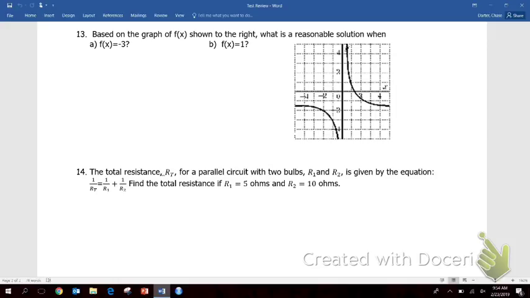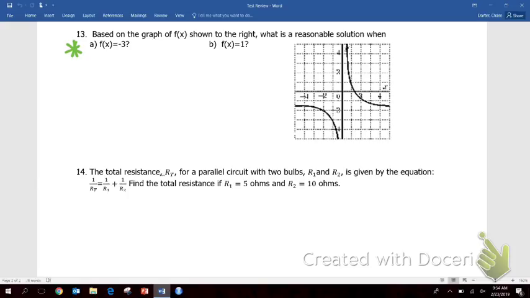Alright, so we've got our last two. And luckily these are not lengthy explanations like some of the other ones have had to be. So, based on the graph of f of x shown to the right, what is a reasonable solution when, so A I'll do in green. A says when f of x is negative 3.